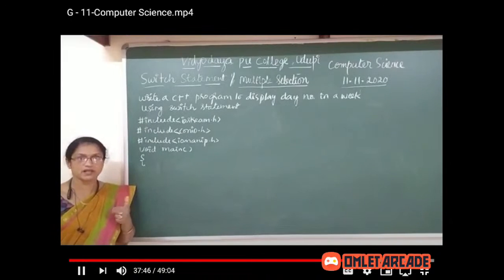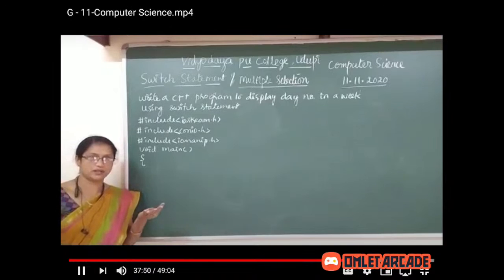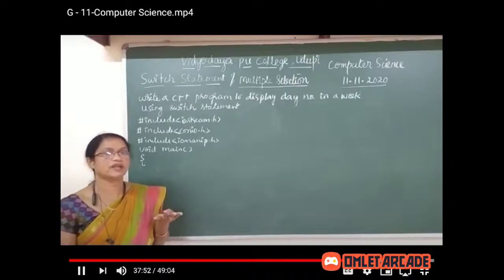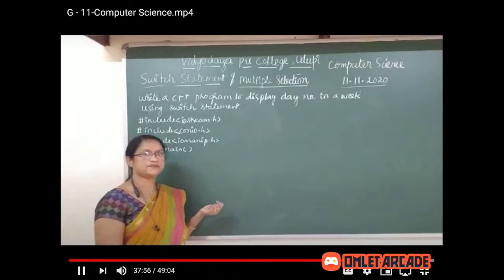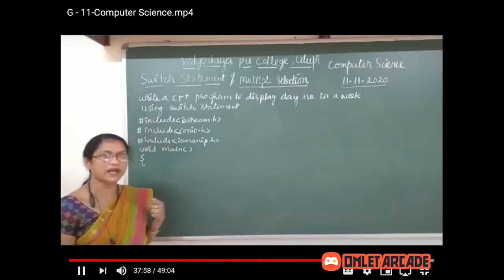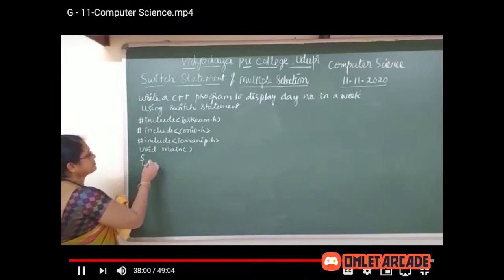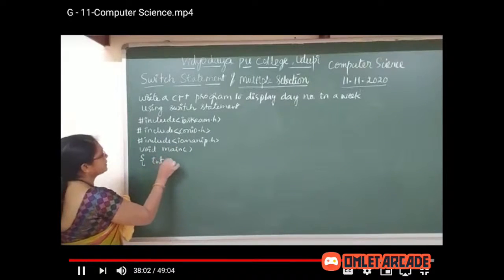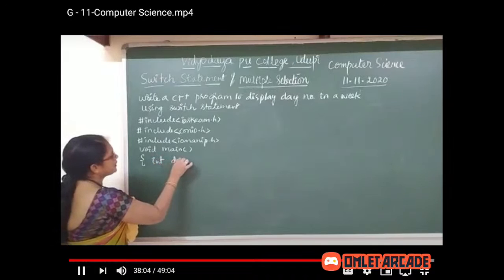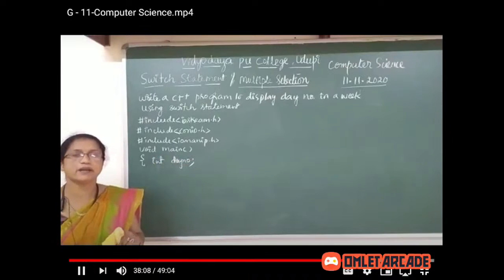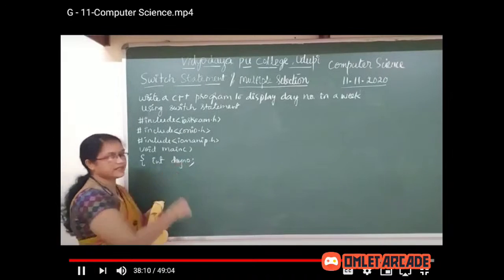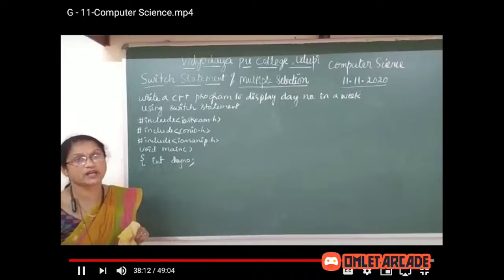There are a total of 7 days in a week: 1 for Sunday, 2 for Monday, 3 for Tuesday, 4 Wednesday, 5 Thursday, 6 Friday, 7 Saturday, starting from Sunday to Saturday. I'll take int dayno, a variable. Don't leave space after day. You have to input the day number.